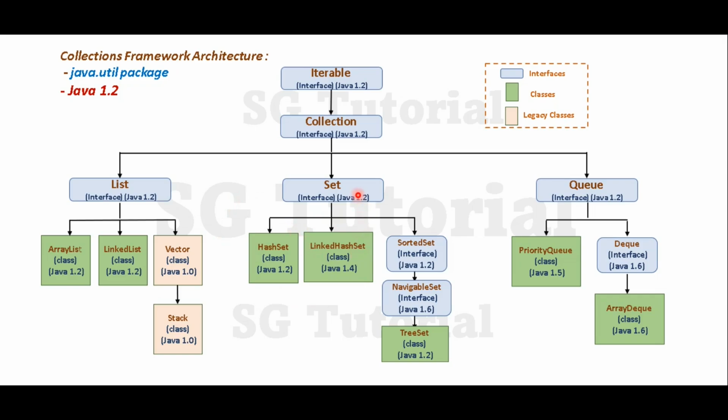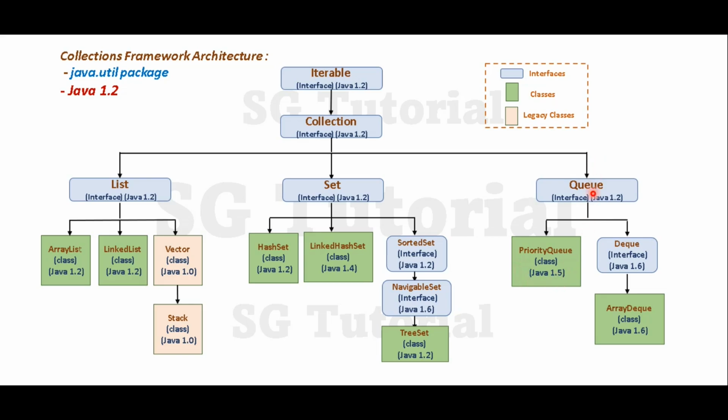And Set is further divided into SortedSet, which is an interface introduced in Java 1.2, and NavigableSet, which is introduced in Java 1.6. The NavigableSet interface extends the SortedSet interface, and TreeSet is the implementation class of the NavigableSet interface. And Queue has one implementation class, PriorityQueue, which was introduced in Java 1.5.